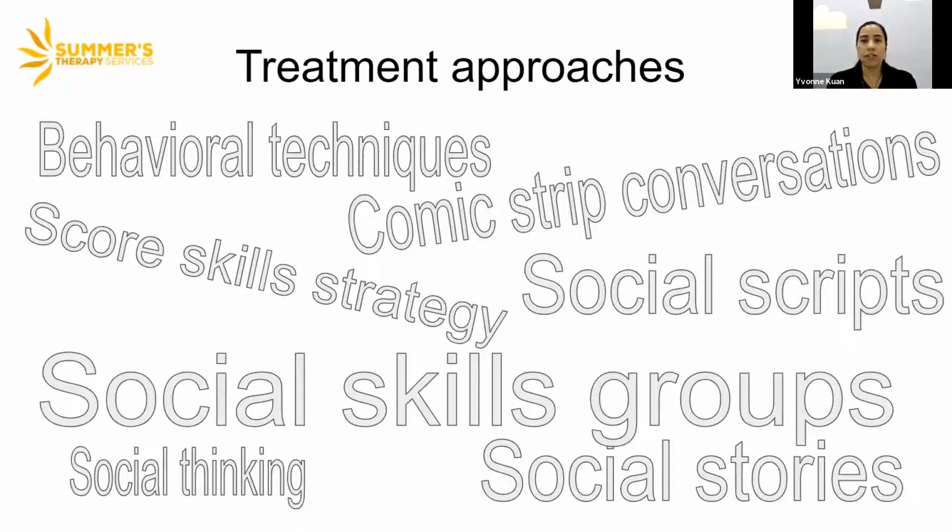It is very effective, and that's why you would hear good things about it, but we must also always see who is the most appropriate one, which is why when people sign up, we don't always say, okay, sure, you can join our group. We always have an assessment and we need to see, is this the suitable treatment for your child for the particular difficulty that they are facing at that moment in time?